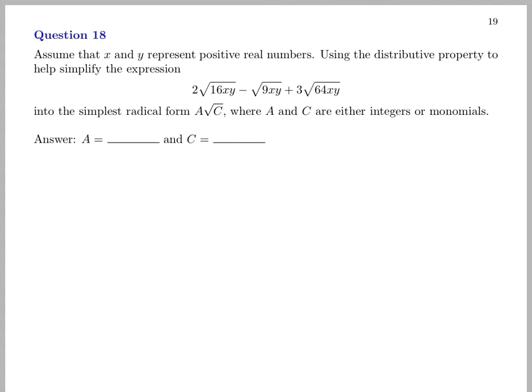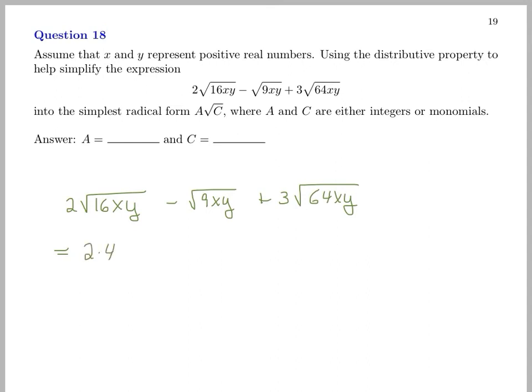More square roots, so we're given this. So again, any perfect squares inside we bring outside. So the square root of 16 is 4, so we can bring it outside as a 4 and leave the xy inside. Square root of 9 is 3, square root of xy. And square root of 64 is 8.